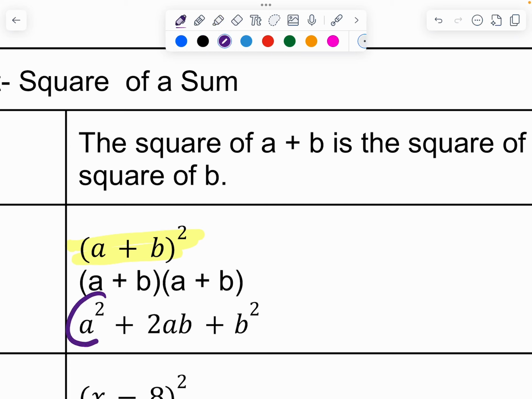The first is a perfect square. The last is a perfect square. And what the middle is, we have a 2 automatically, and then we multiply these 2 terms together. That's what it's saying.